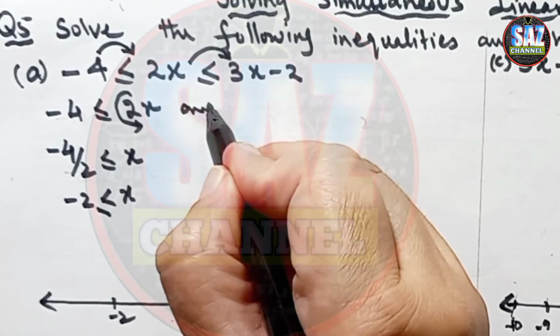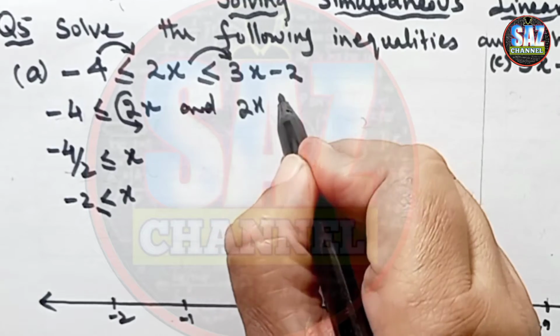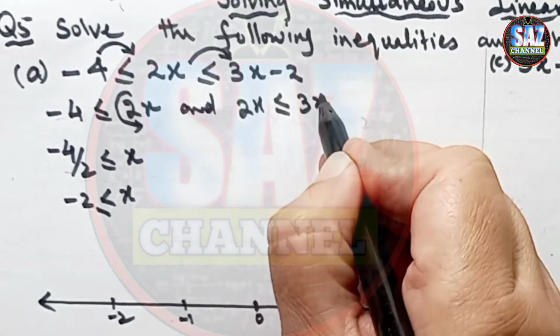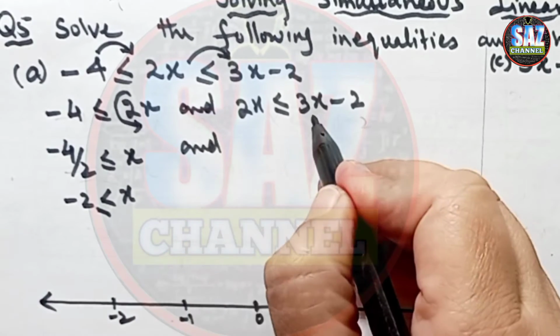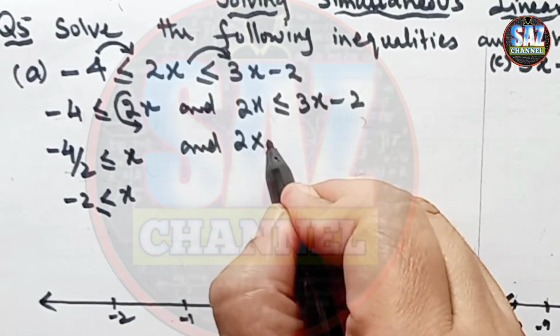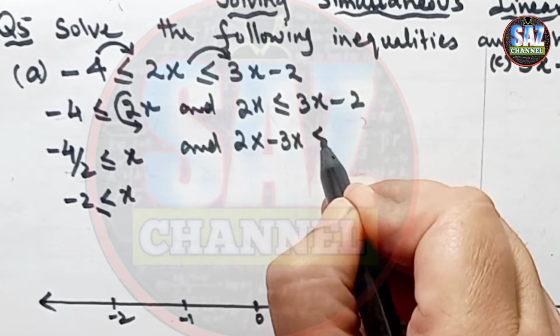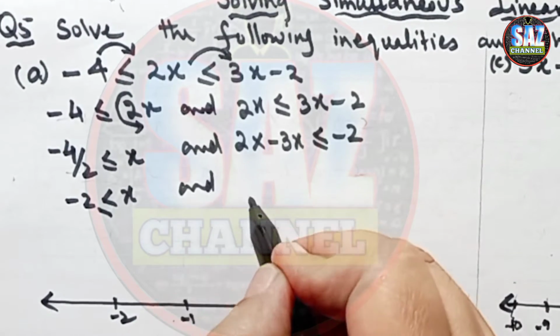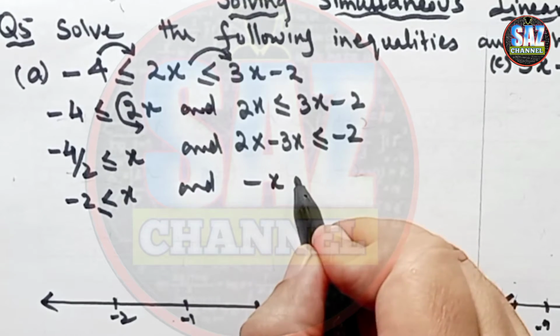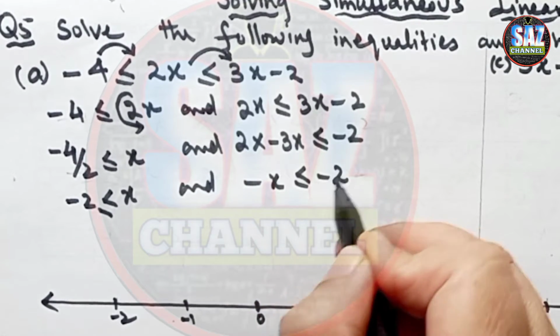And the second part is 2x is less than equal to 3x minus 2. Shift the like terms and variable terms to the left hand side. 2x minus 3x is less than equal to minus 2, and minus x is less than equal to minus 2.